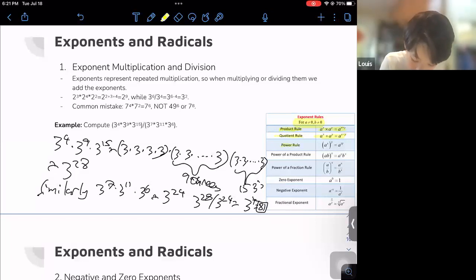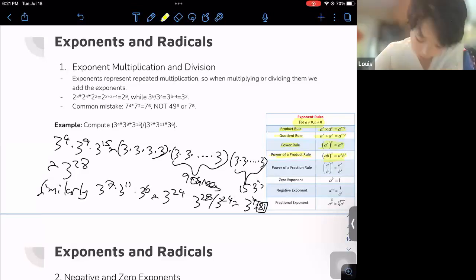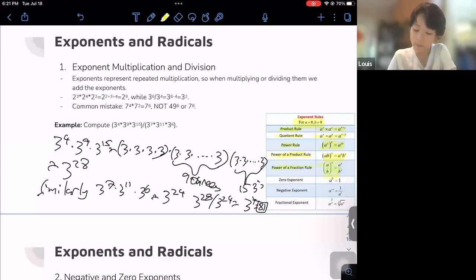The power rule is A to the x to the y is A to the xy. The power of a product rule is (AB) to the x equals A to the x times B to the x. The power of a fraction rule is (A over B) to the x is A to the x over B to the x. The zero exponent is that A to the 0 equals 1.